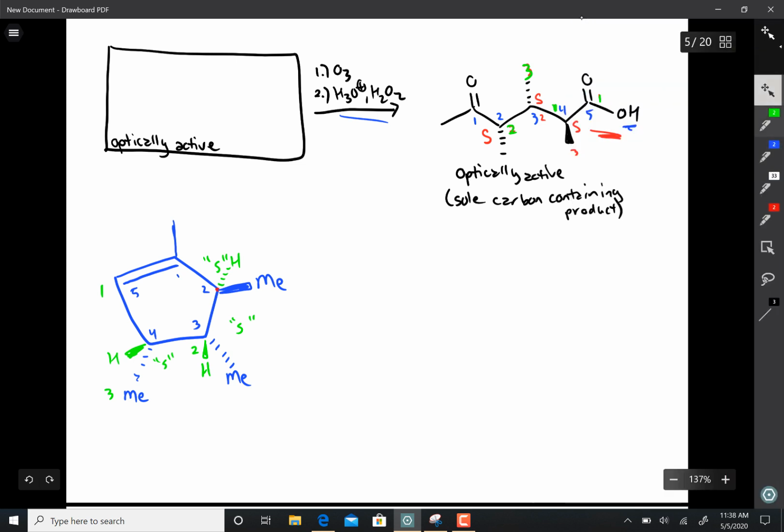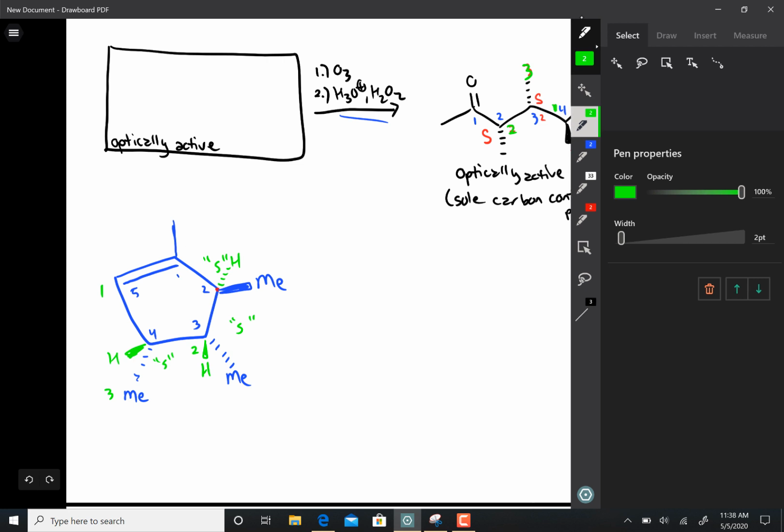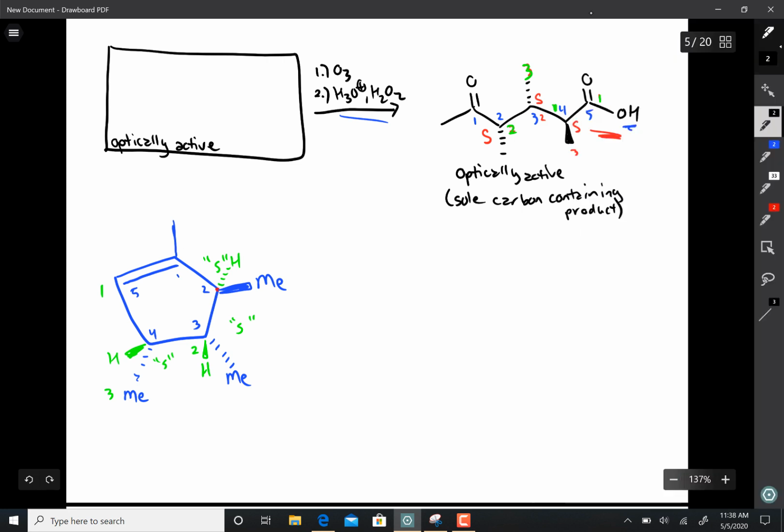So the final product would be cyclopentene, like that. Methyl group as a wedge, methyl group as a dash here, methyl group as a dash there.